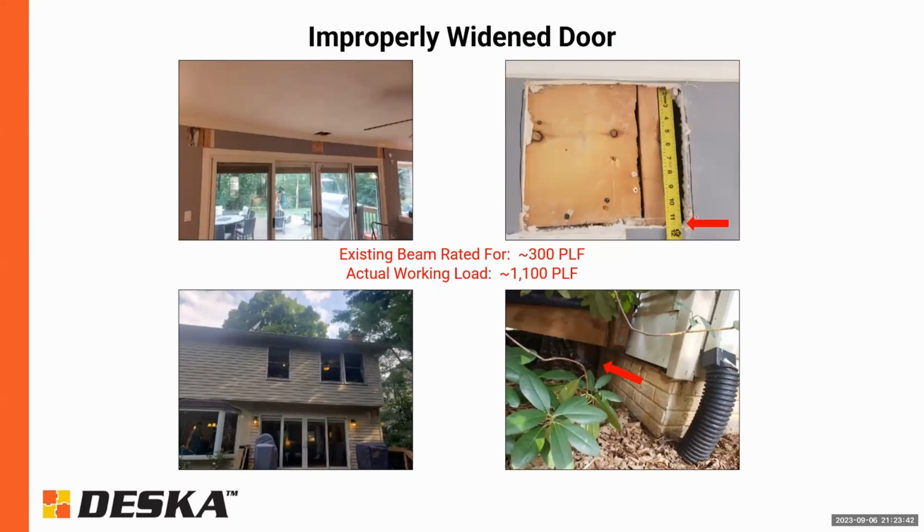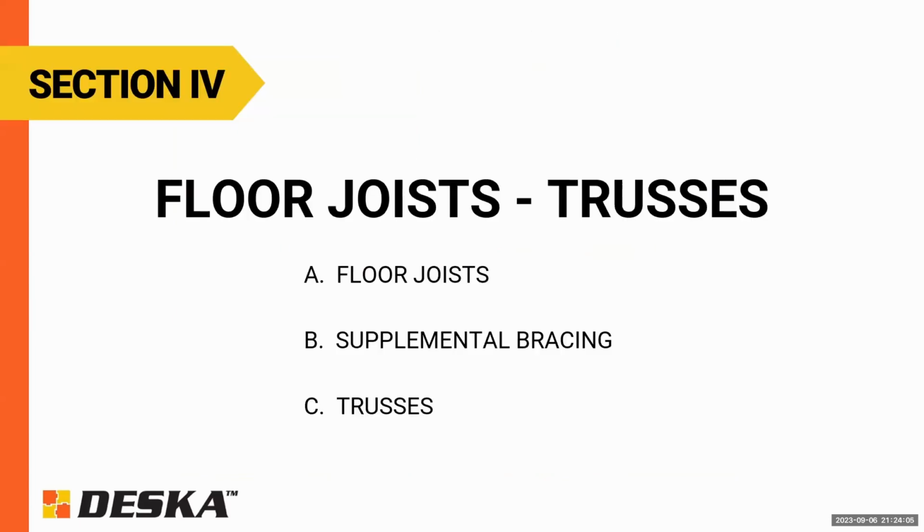Those are the allowable capacities of the two beams, or I should say, the existing beam. The allowable strength is 300 pounds per linear foot. The actual requirement is 1,100 pounds per linear foot. Gotcha. Thank you.